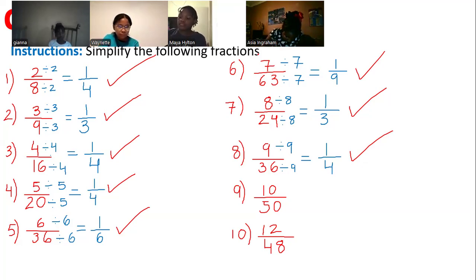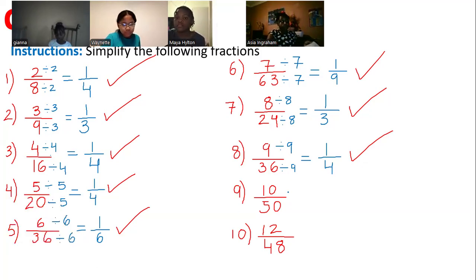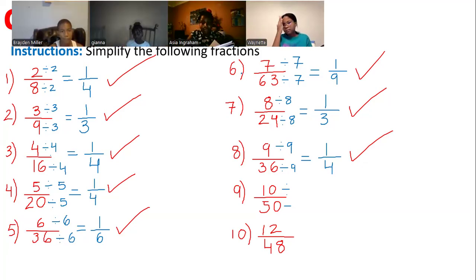All right. What did y'all get for number 9? What are we dividing by? 10. We're dividing by 10.